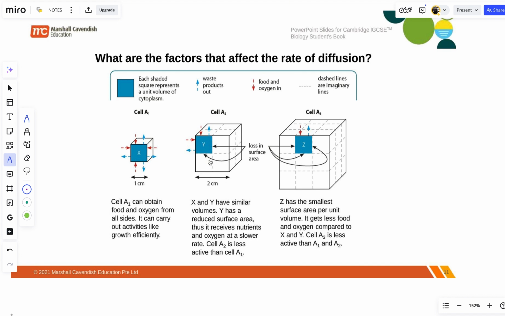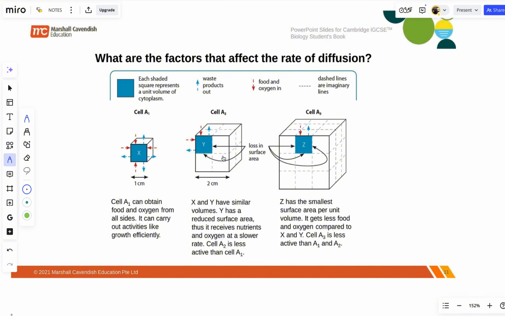Y has a reduced surface area because it's 1/4. 1, 2, 3, 4, there are four of these for the whole face. So it has a reduced surface area.